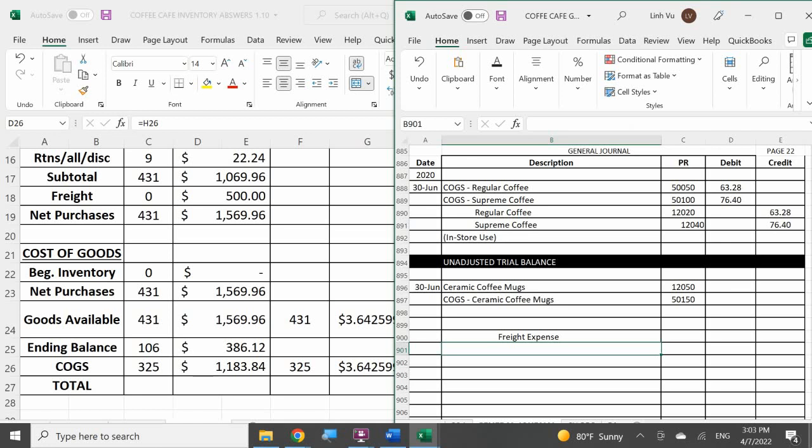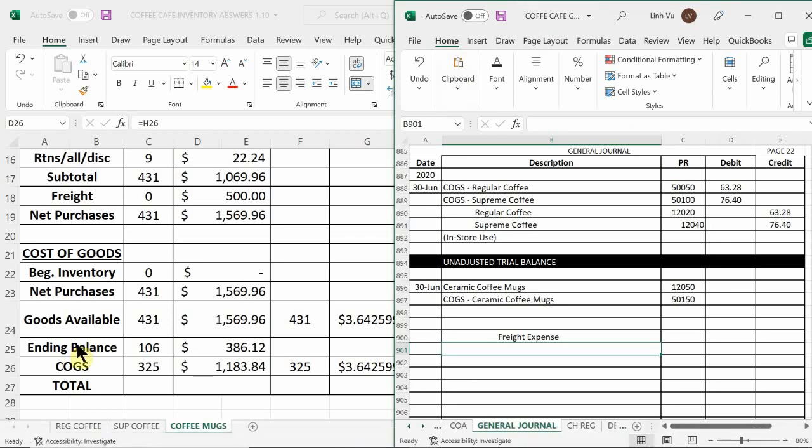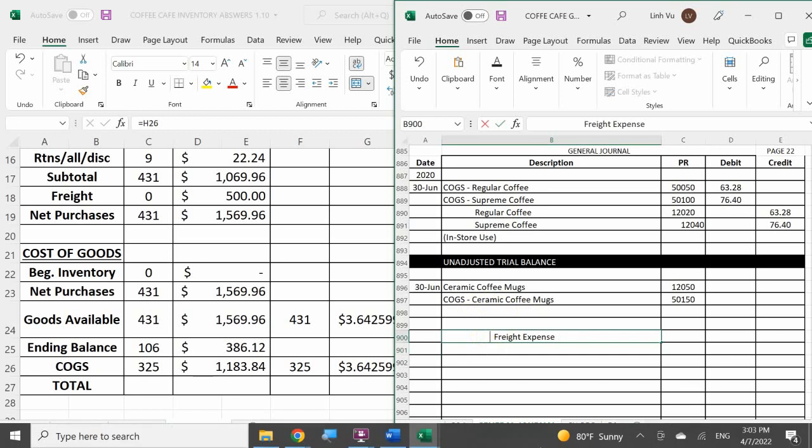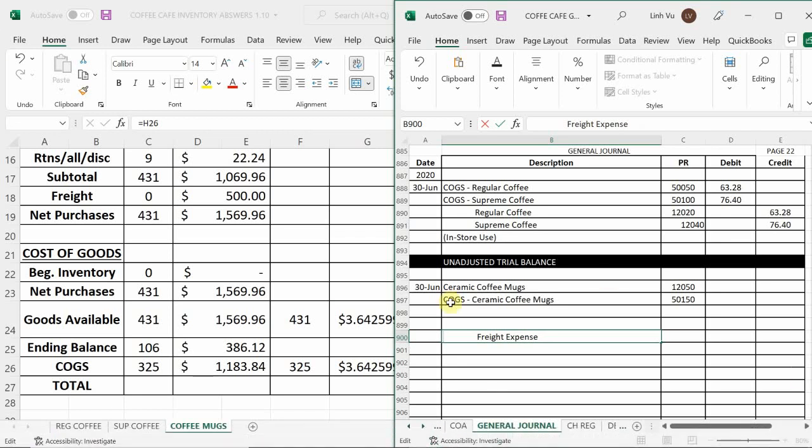Accounts payable? Not accounts payable. You're not making a payment. The purchase expense. Yes, we're going to have to convert out our purchase expense.